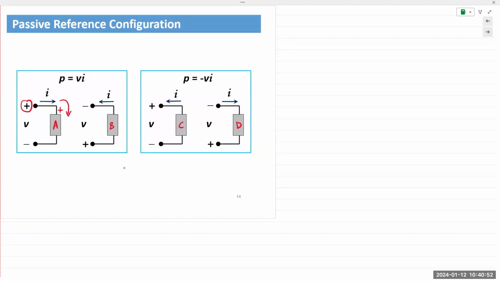Easy enough, right? Similarly, if we go to D on the far right, current enters the negative end of that element. And if it's entering the negative end, power is equal to minus VI, or at least the equation is minus VI. That's the equation we would use. So A and D are easy enough.